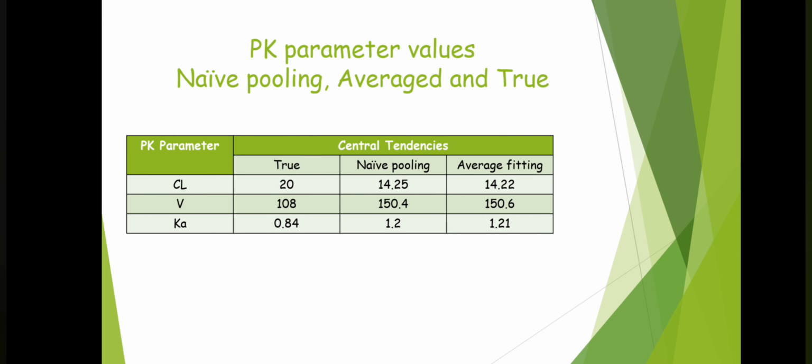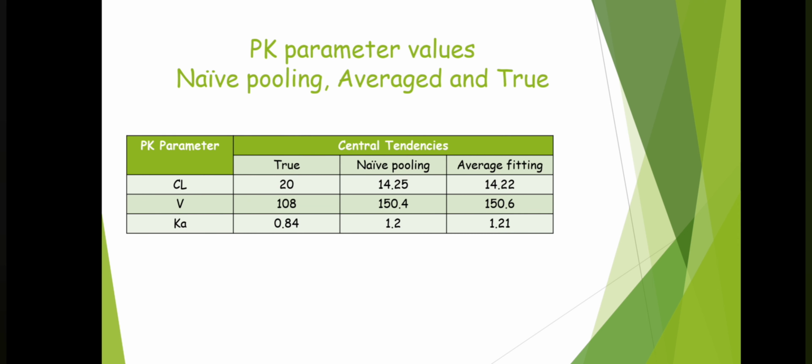For parameters with physiological relevance, we get a parameter that may be skewed. In this case, the true value is 20 and the underestimate is 14, the result of both naive pooling and average fitting. So clearance is underestimated at about 75% of the true value.